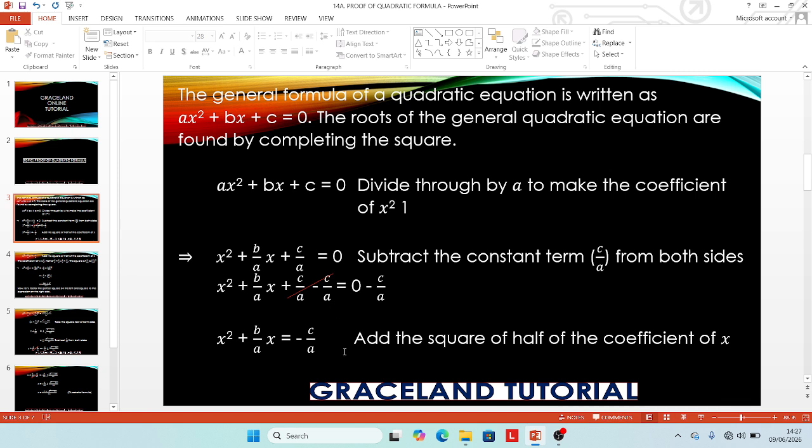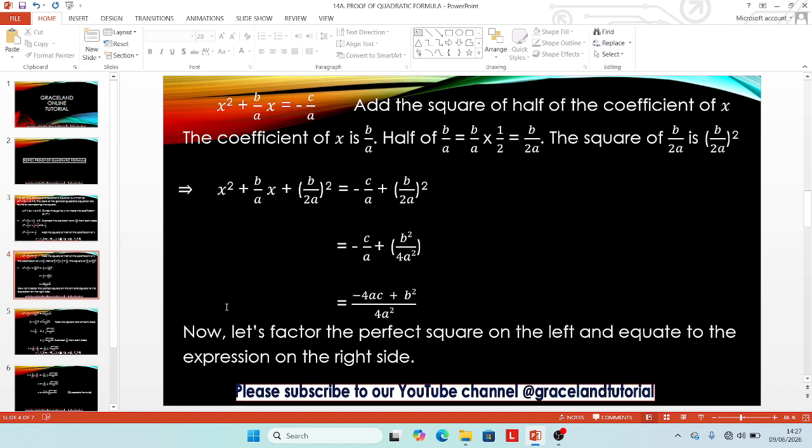Now, the next step, add the square of half of the coefficient of x. From the equation we have here, plus b over a x, the coefficient of x there is b over a. Like I said, the coefficient of x is b over a, and half of b over a is going to be b over a times 1 over 2, which is half. And that is equal to b times 1 is b, and a times 2 is 2a.